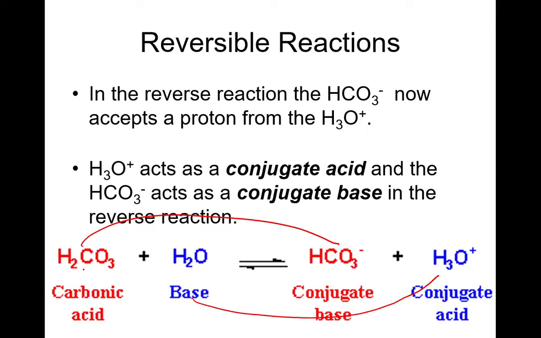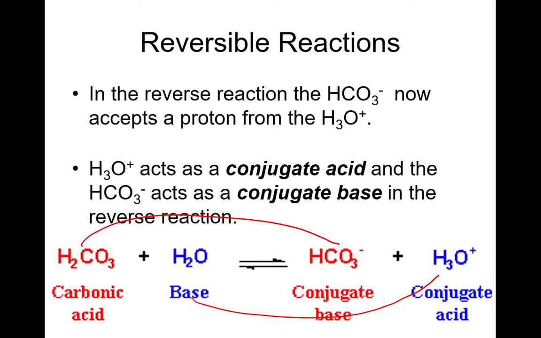The acid going forward is linked to the conjugate base going backwards, and the base going forward is linked to the conjugate acid. So in other words, if the system is reversible, then the species on either side are linked through conjugation. The acid going forward is linked to the conjugate base, and the base going forward is linked to the conjugate acid. Now, why is that important?